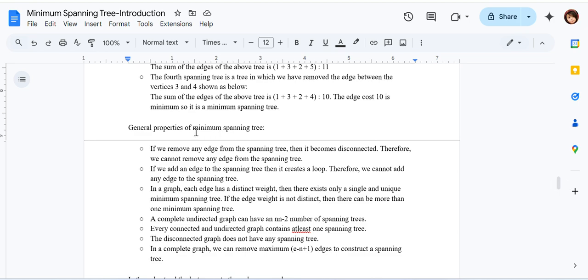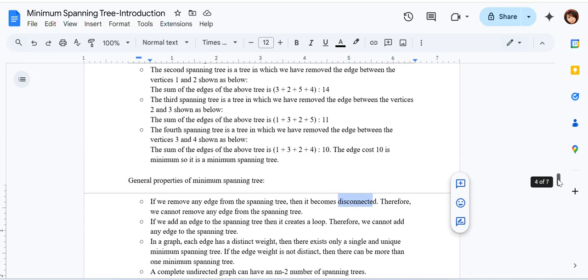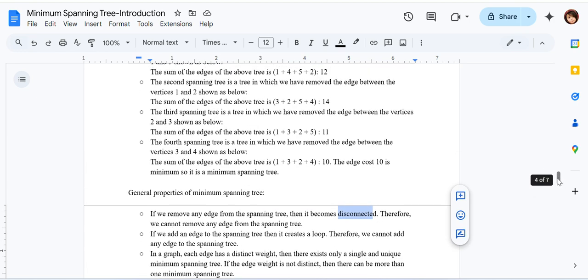Speaking of the properties of a minimum spanning tree: if you remove any edge from the spanning tree, it becomes disconnected. Therefore, we cannot remove any edge from the spanning tree. My concept is that the edges of the spanning tree should be fewer than the number of edges in the original graph.